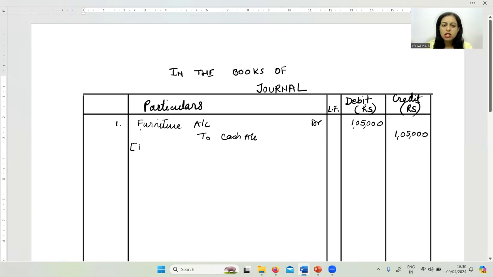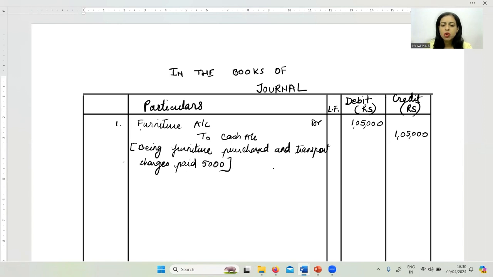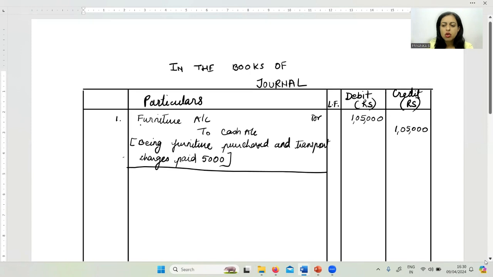Now in the narration, you will need to write being furniture purchased and transport charges paid 5,000. Now, why am I putting this in the narration? The reason, because whenever a person would see this 5,000, he will understand that furniture cost was 1 lakh and 5,000 was the transport, though we don't need to mention it separately. Got it? This is how the furniture transaction or the asset transaction will be recorded in the books of accounts.